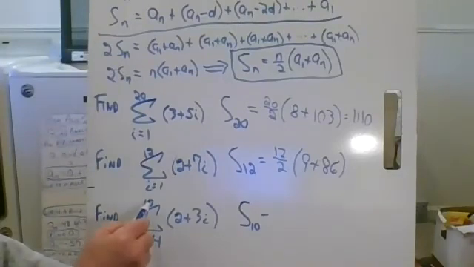i equals 4 to 10. You're going from the 4th term to the 10th term. You're missing the 1st, 2nd, and 3rd term.